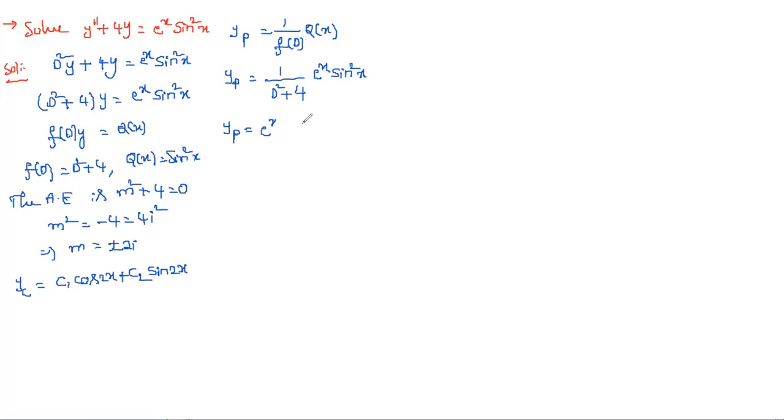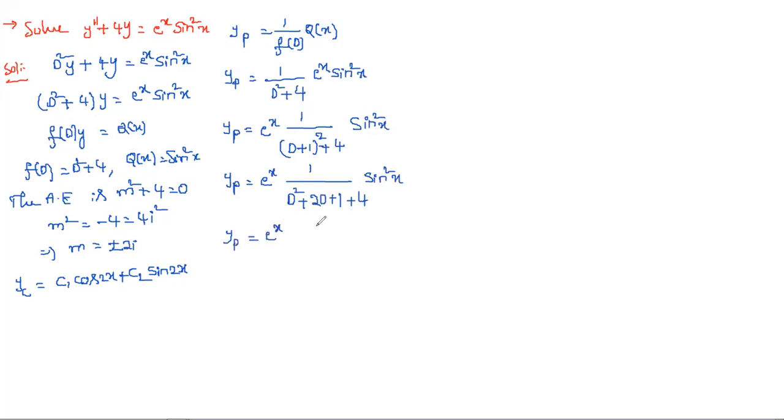We need to move e^x to the left, and in place of D we substitute D plus 1, giving 1 by (D plus 1) whole squared plus 4 into sin^2 x. Then yp is equal to e^x into 1 by, expanding the whole square, D squared plus 2D plus 1 plus 4, so yp is equal to e^x into 1 by (D squared plus 2D plus 5) into sin^2 x.